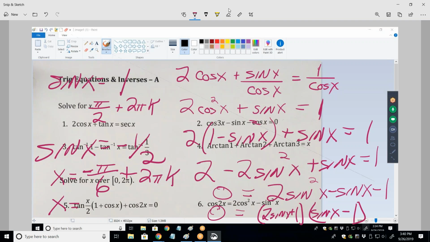The angle where sine would be equal to negative 1/2 would be in the third quadrant. The reference angle would be pi over 6. So it's pi plus pi over 6, which is 4 pi over 6, which is 2 pi over 3. Wait, is it 240 or 210? It's 210.